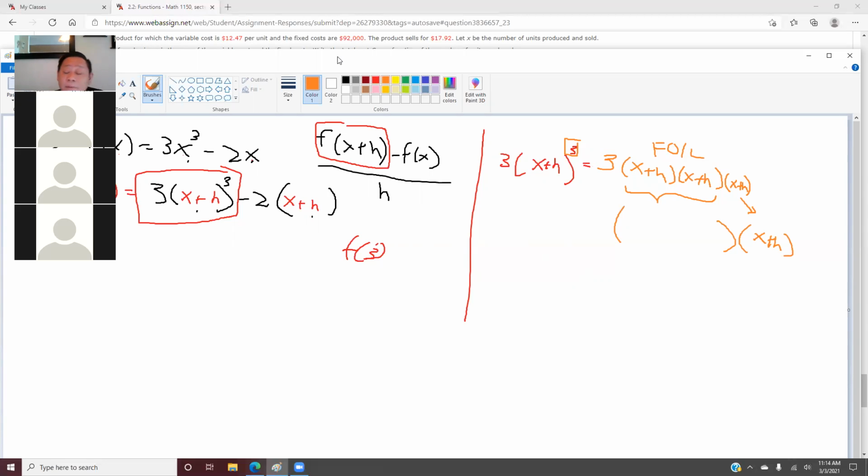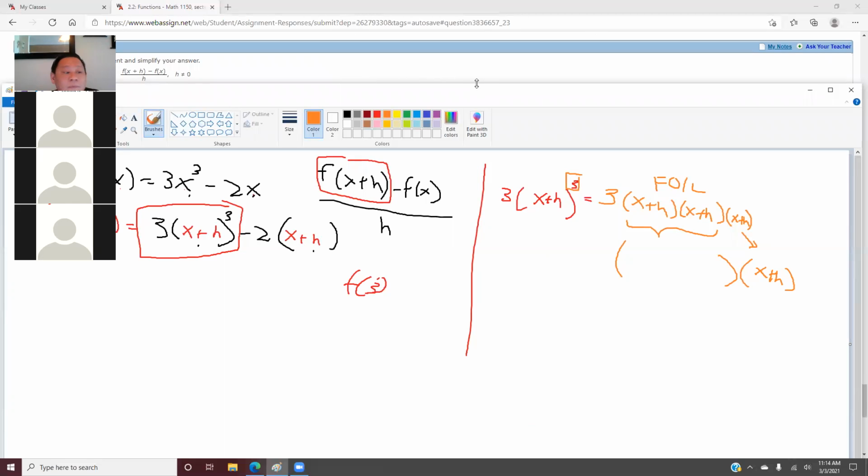What's the FOIL for that? You know how to FOIL, right?